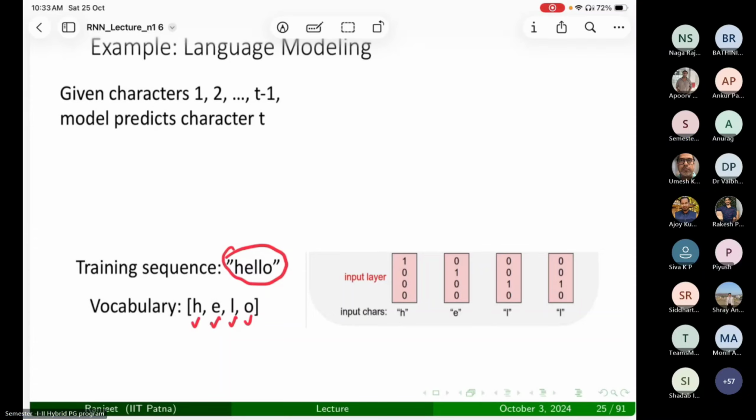Now we have to solve the problem, and let us consider this problem as a next correct character prediction problem. Just looking at the current character, you have to predict the next character.